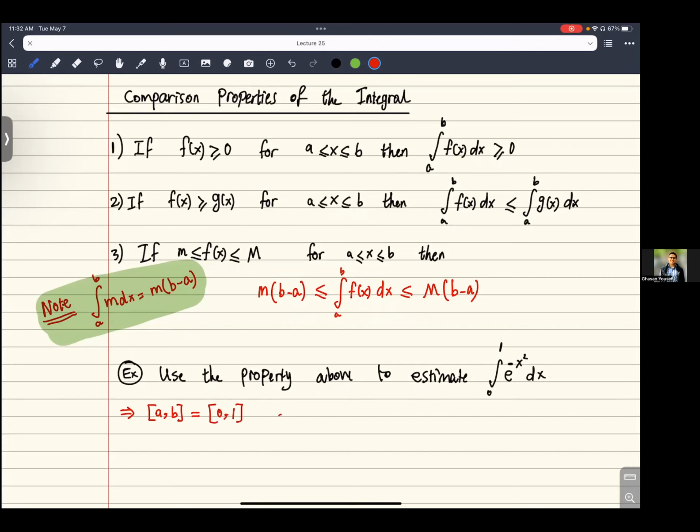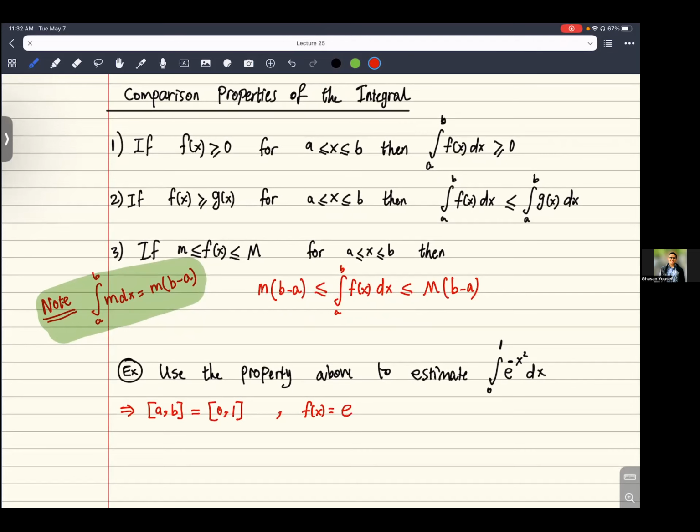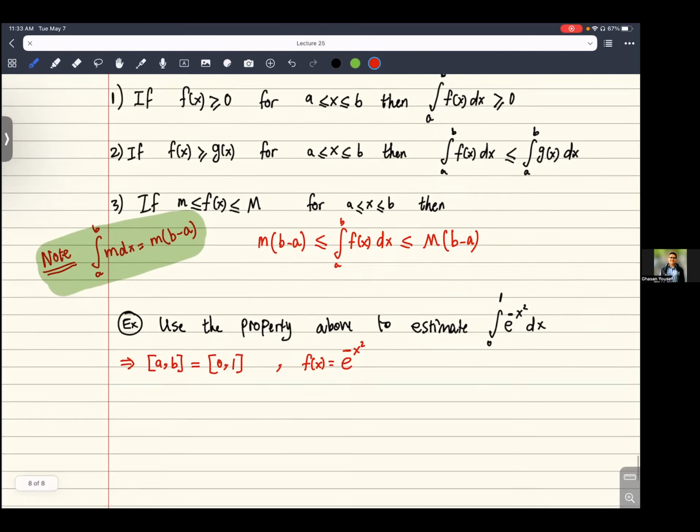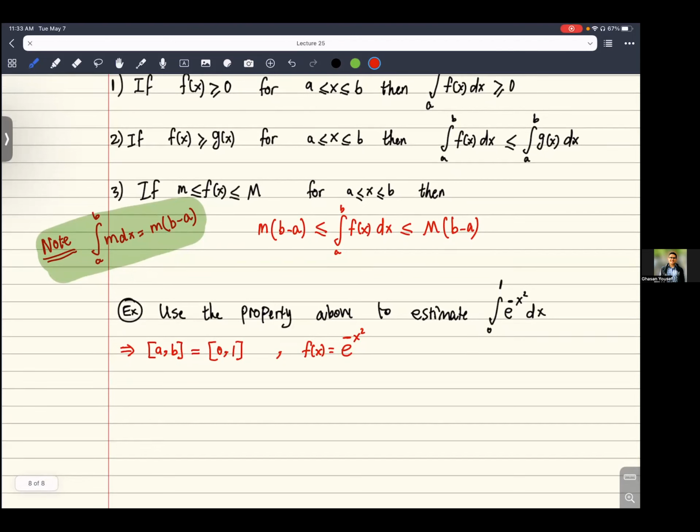And what is the function? What is f of x? It's e to the negative x squared, correct? By the way, this function is a decreasing function.